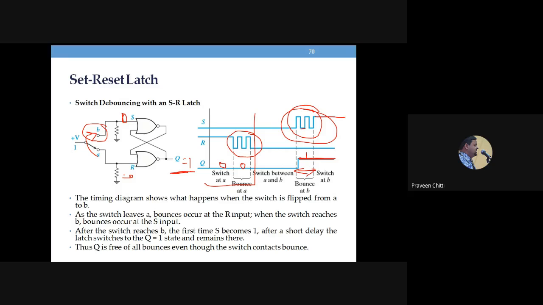When the value of a particular input is changing several times before it assumes its final value, the output of the latch should not change, and that will not change because the latch enters the no change condition and retains the value which it is supposed to retain. That is called the switch debouncing problem, or solving the switch debouncing problem using an SR latch. So any doubts here?